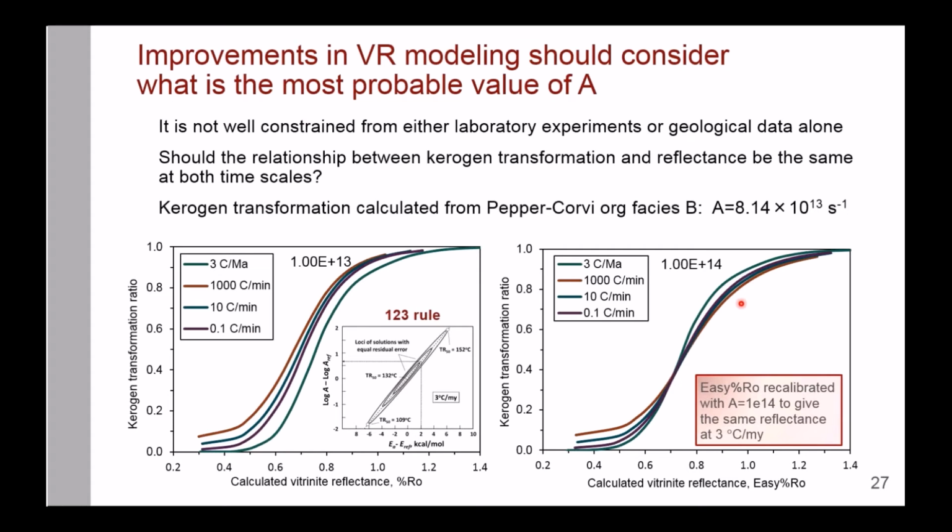So I also want to point out that there's this 1, 2, 3 rule that can actually estimate the amount of this spread. This was a presentation I gave at an APG meeting, actually in Calgary in 1992 or so, way back when. The 1, 2, 3 rule is that if you have a relatively narrow range of heating rates, a change of 1 kilocalorie per mole corresponds to roughly a change of a factor of 2 in the frequency factor to give you the same reactivity at that temperature.